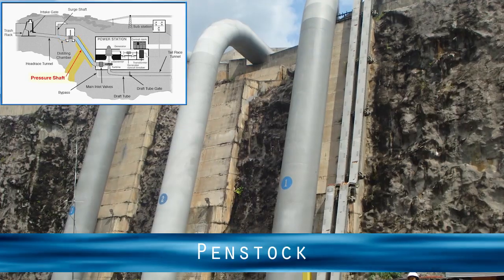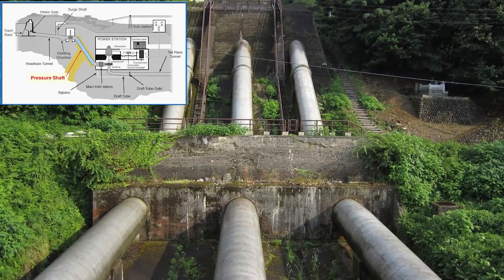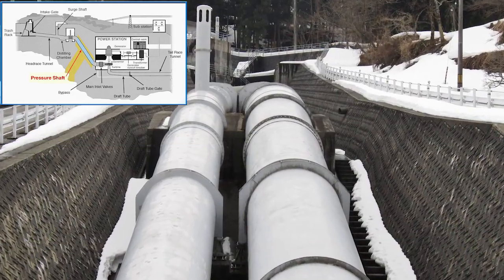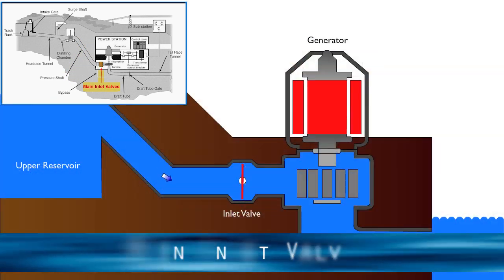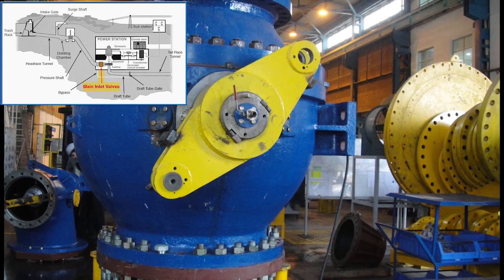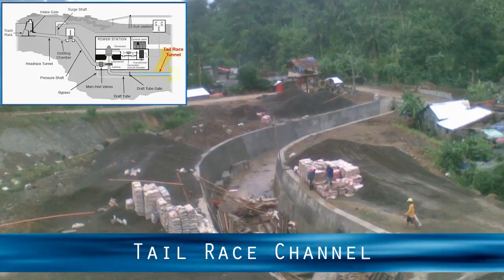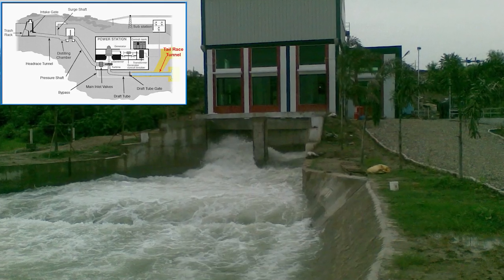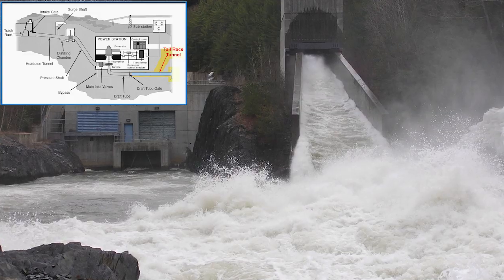Penstock or the pressure shaft is a huge pipe that conveys water to the powerhouse. Main inlet valve is used to control the water flow into the turbine. Tail race channel or tunnel is the channel through which the water returns to the river after passing through the turbine.